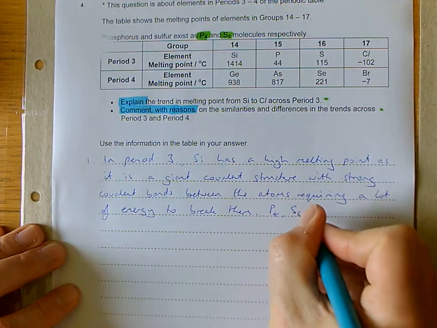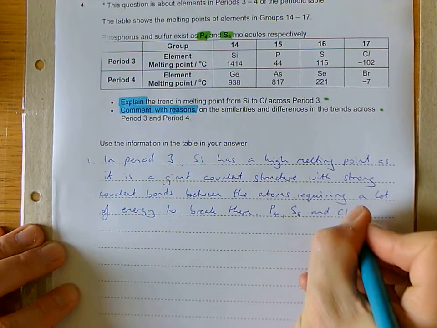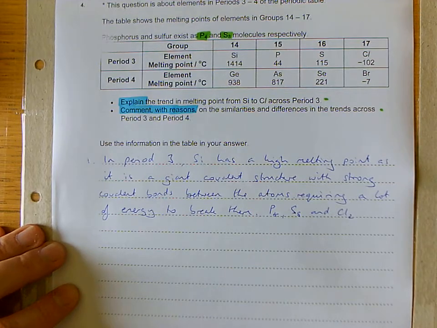Phosphorus, sulfur and chlorine, I can lump all these together because they're all the same type of structure.